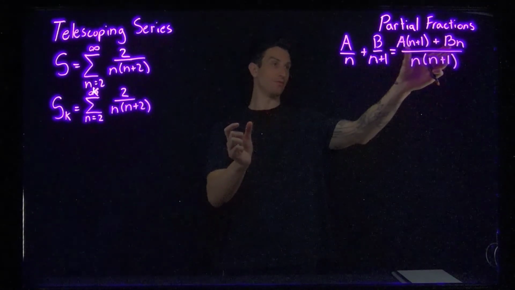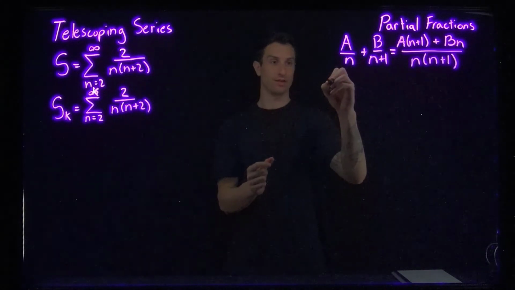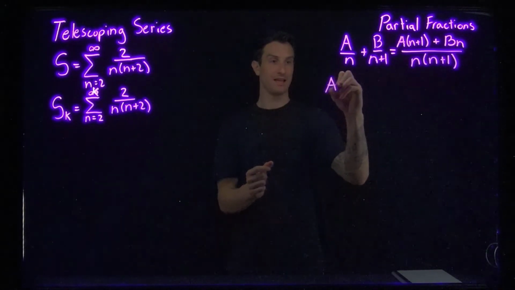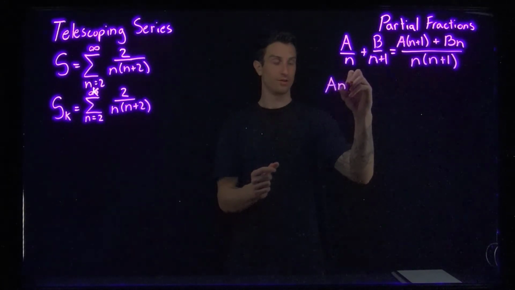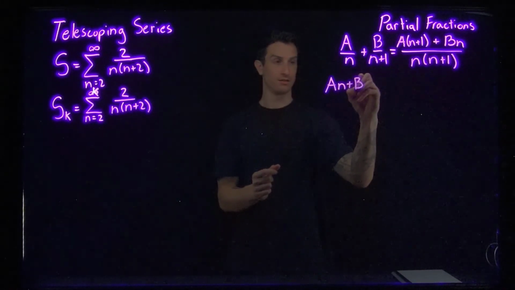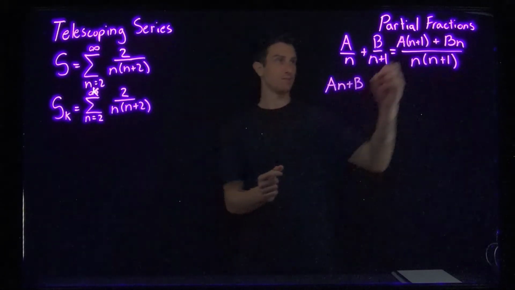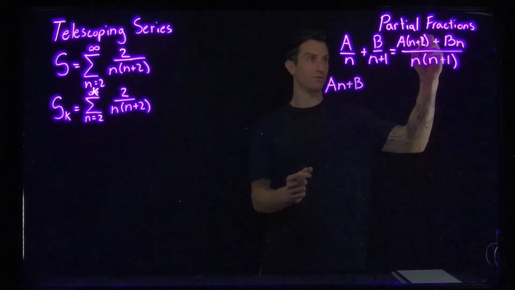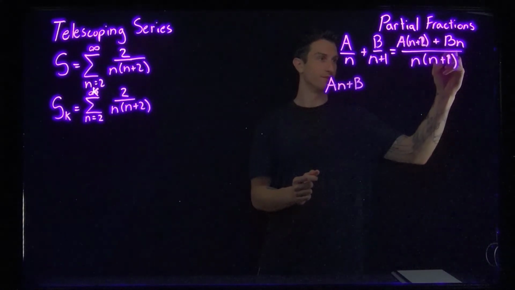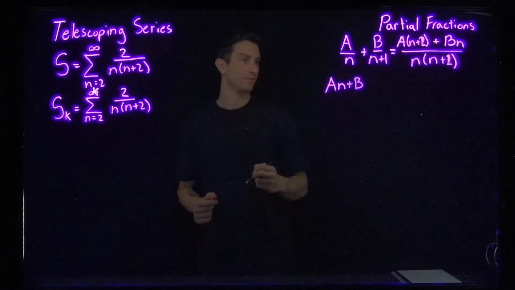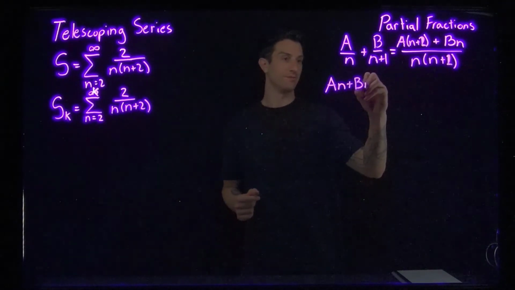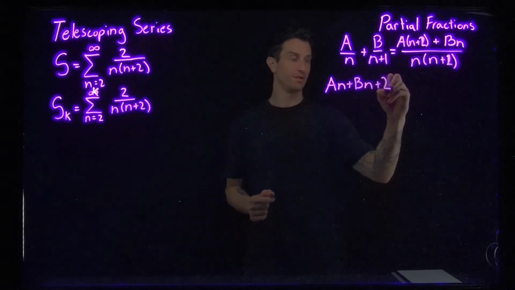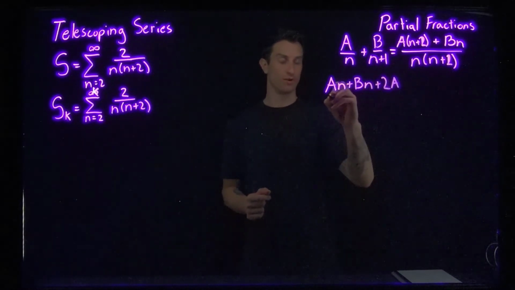Let's simplify this out a little bit. We're going to get an plus bn. This is supposed to be a 2, huh? Wait a minute, I'm having typos all over the place. Luckily, I'm catching them. Plus bn plus 2a. This is our numerator.